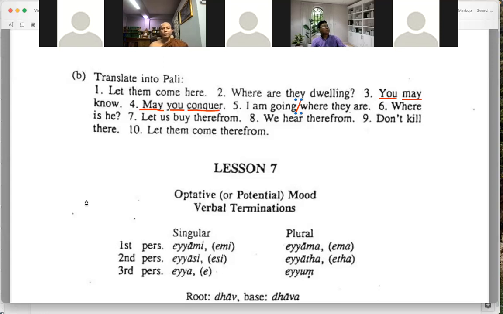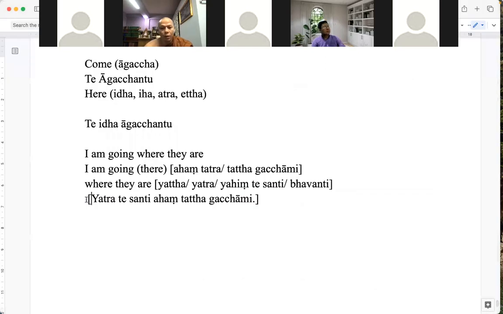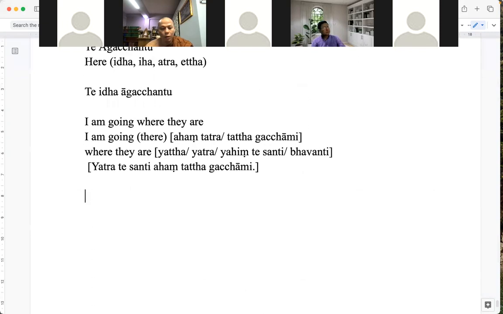And number 9. So don't kill there. So here don't is a kind of command and a negative or prohibition. So that is why ma.